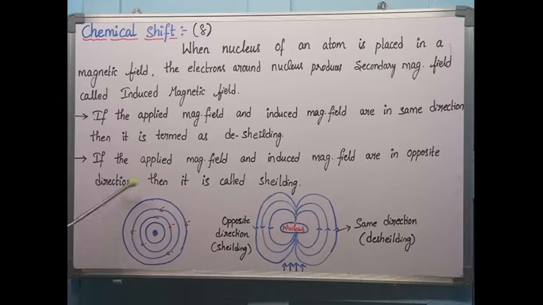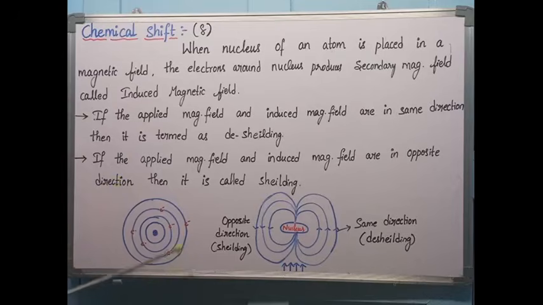For example, when we keep a substance in an external magnetic field, the substance consists of many molecules. Molecules again consist of atoms. These atoms have a nucleus, and this nucleus is surrounded by electrons. When we keep these molecules in an external magnetic field, the electrons revolve around the nucleus.